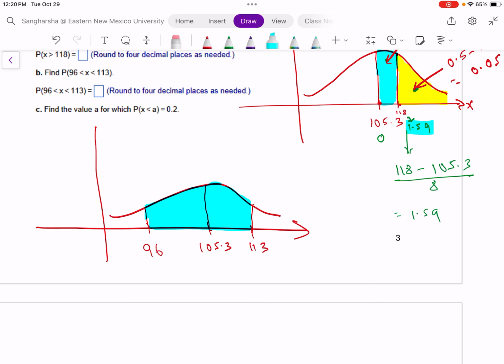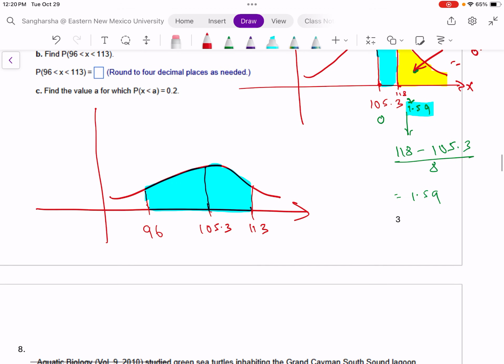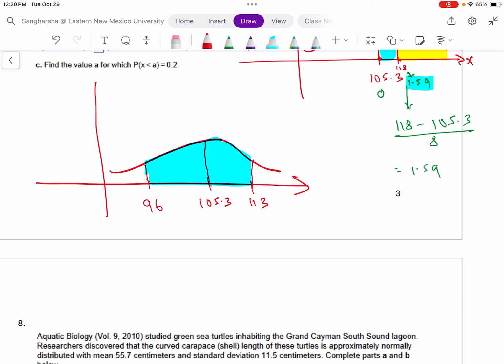It's okay. Now you just convert this x value into a Z value. So this is 96 minus the mean, which is 105.3, divided by 8. This is 0, and this is 113 minus 105.3 divided by 8.